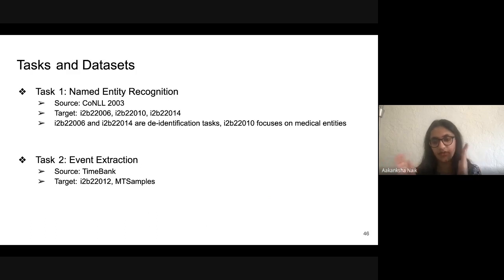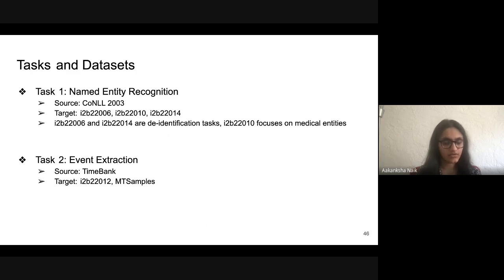So the kinds of entities that it focuses on are just problems, tests, and treatments. And this is a much more distant transfer task from news as opposed to 2006 and 14, because there's no mapping between the label spaces.